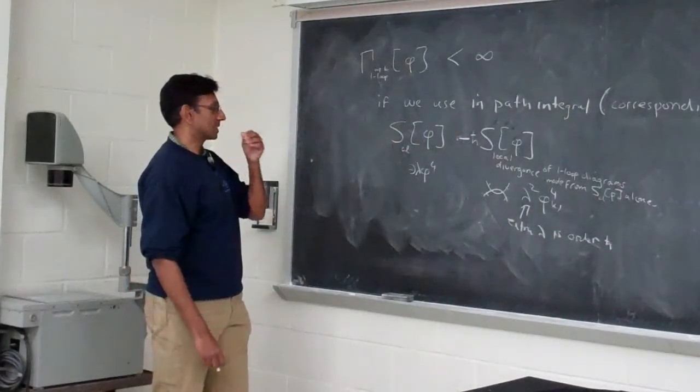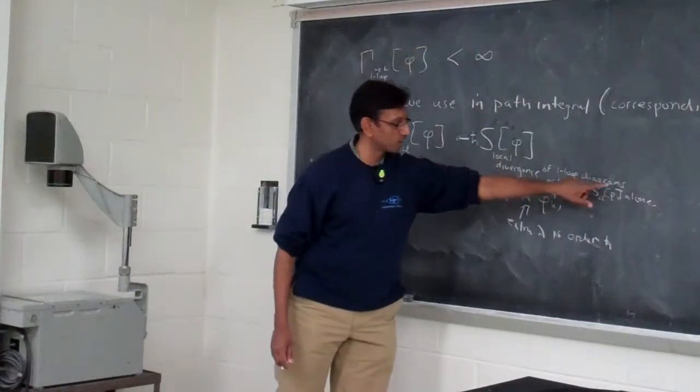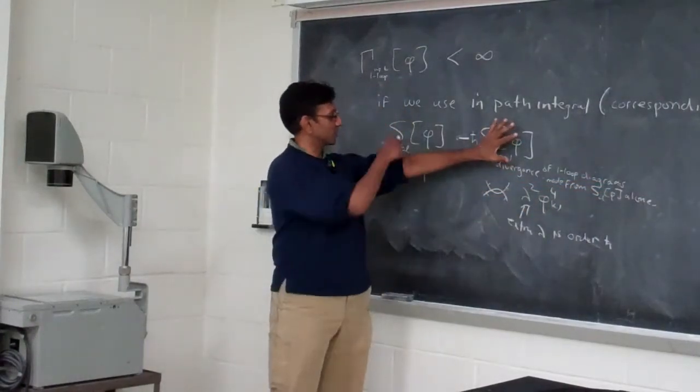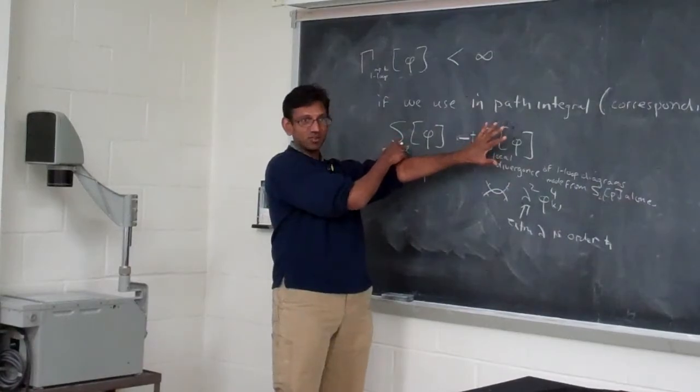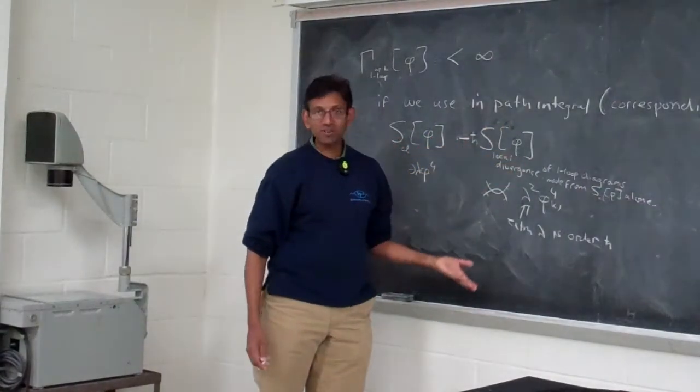What we're saying is that this is the divergence coming from one loop diagrams, if you never heard of this and just use this in your action or in your path integral. And the reason is that this just subtracts the divergence.